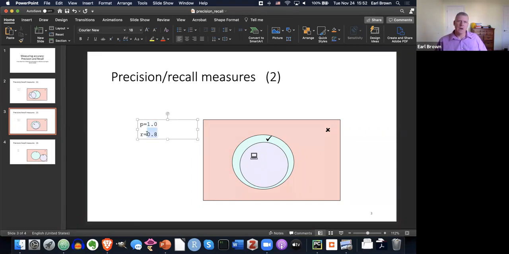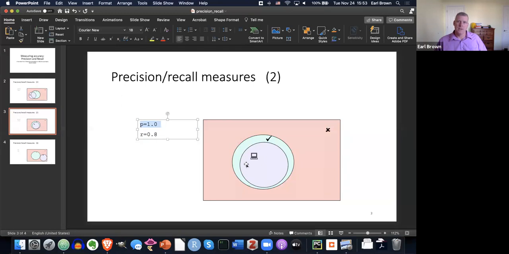But the recall, R equals 0.8, is only 80%, because we didn't get everything that we should have gotten. There's still some stuff left in the green circle that wasn't captured by the purple circle. So recall is at 80% because we missed some stuff, but precision is at 100% because everything that we did get back was correct.